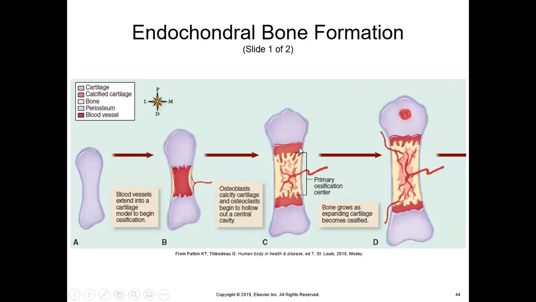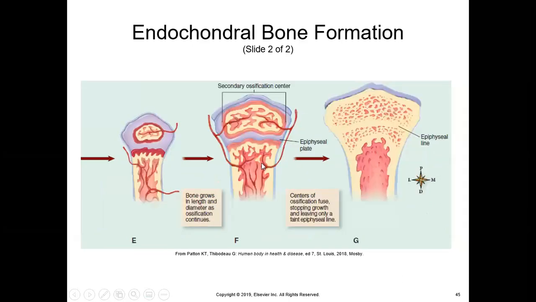It will move toward the ends, from the diaphysis to the epiphysis, until everything gets calcified. Here, as you get calcified bone, eventually the epiphysis gets all calcified, and then you get the spongy bone up here.